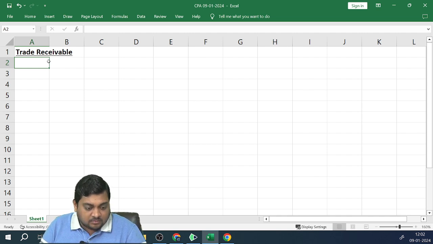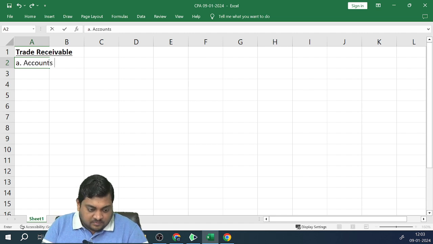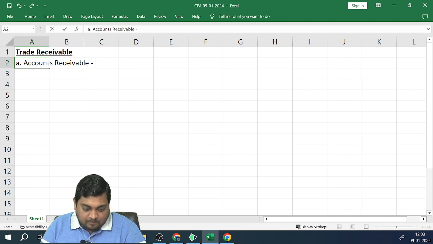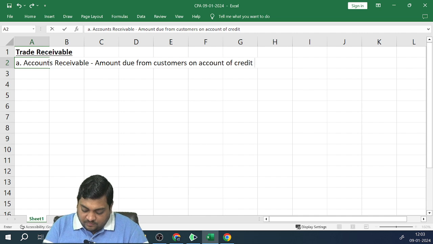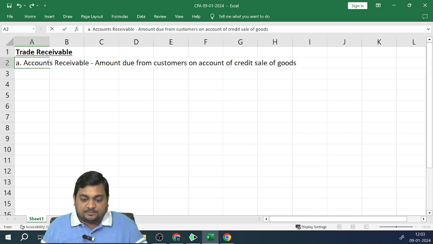So, when I talk about trade receivable, this means accounts receivable, that is amount due from customers on account of credit sale of goods.